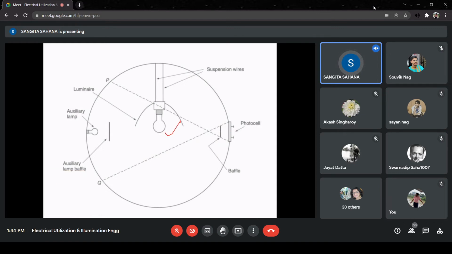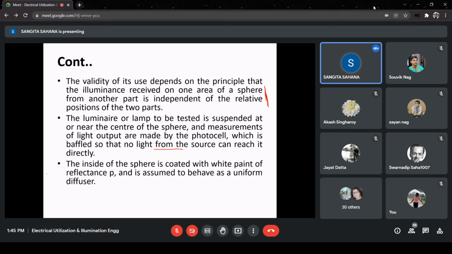So the photocell will receive no direct light. See this part, there is the baffle. So it will be reflected. So no direct light will be received by the photocell from the lamp. It will receive only the reflected light from the different surfaces of the sphere.